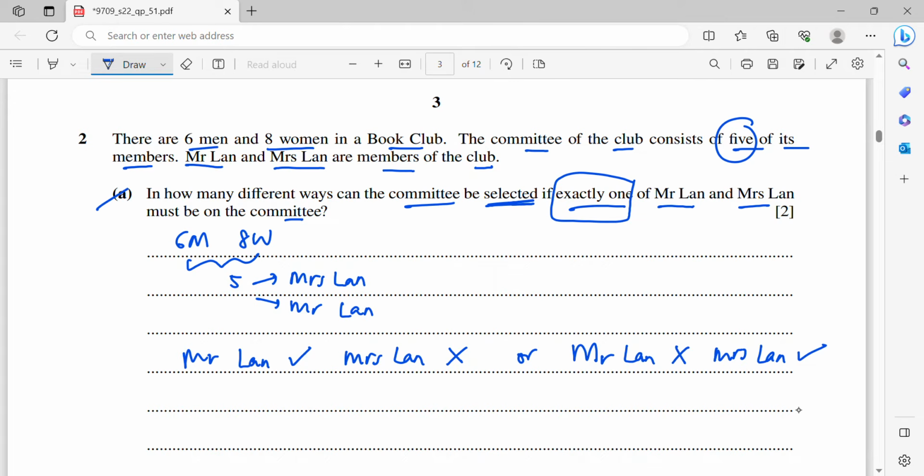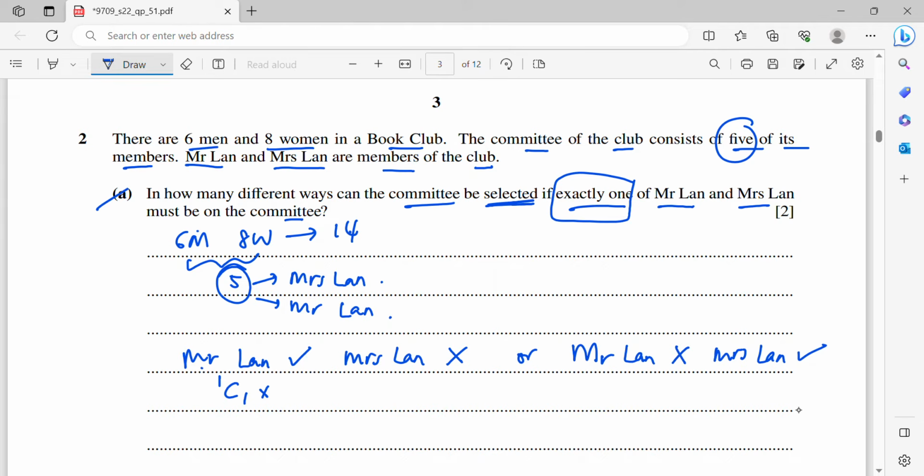Okay, so remember, the total of 6 and 8 is 14. At first total 14, but this 14 includes Mrs. Lan and Mr. Lan. So when you consider the first condition, Mr. Lan is included, so 1C1. This is for Mr. Lan. And we need to get 5, so Mr. Lan is selected, we need 4 more.